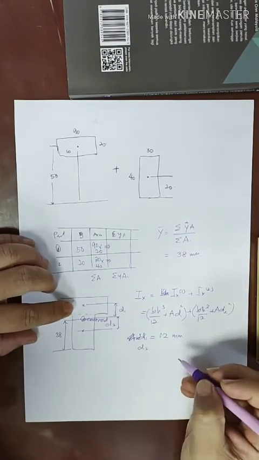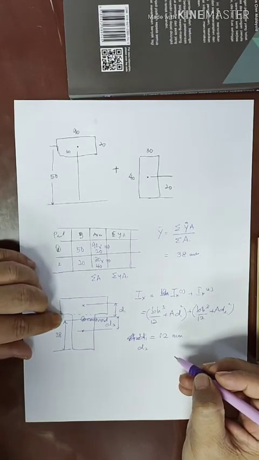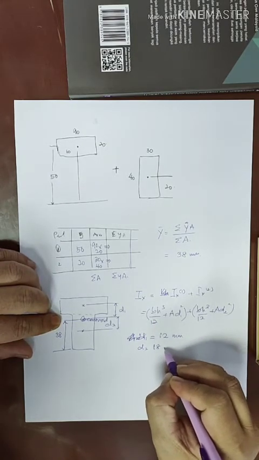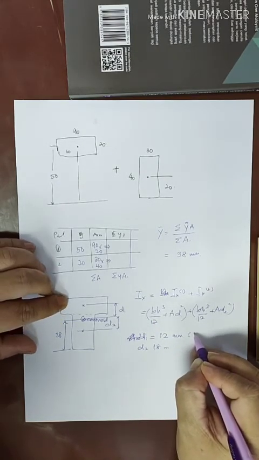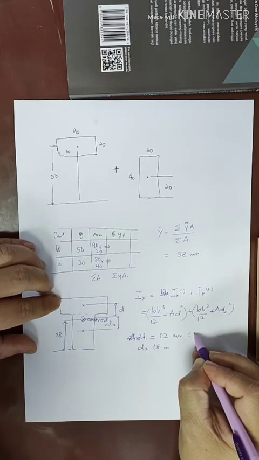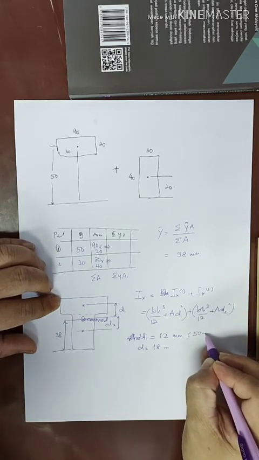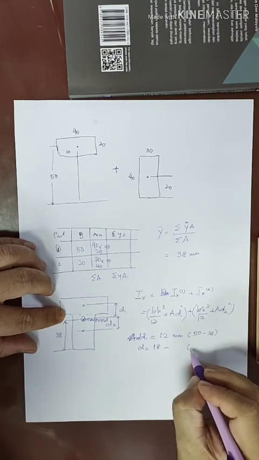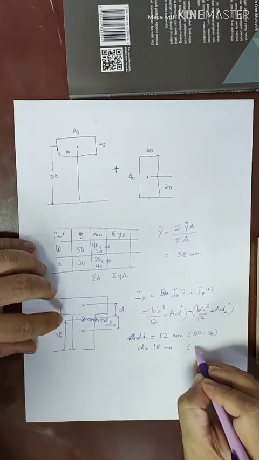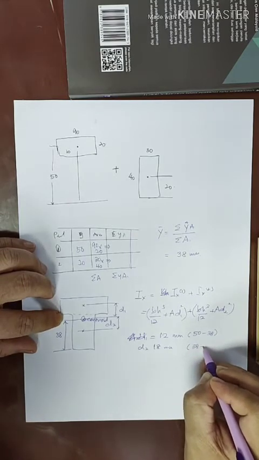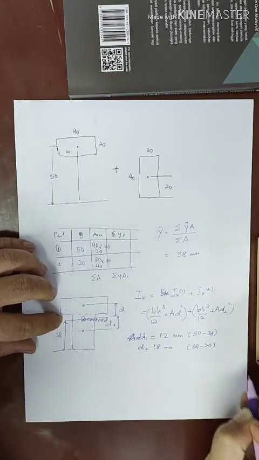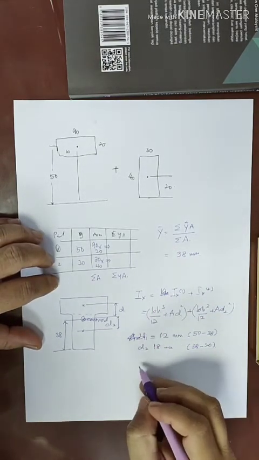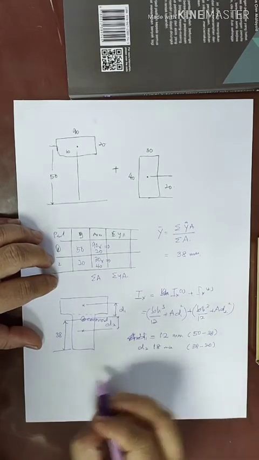For d2 is 38 minus 20, which is 18. d1 is equivalent to 50 minus 38, and this refers to 38 minus 20. Then everything is just mathematical.